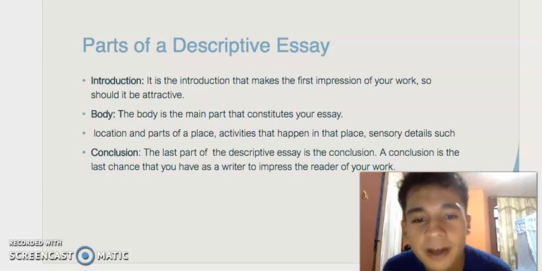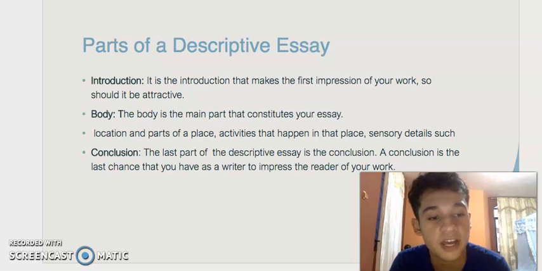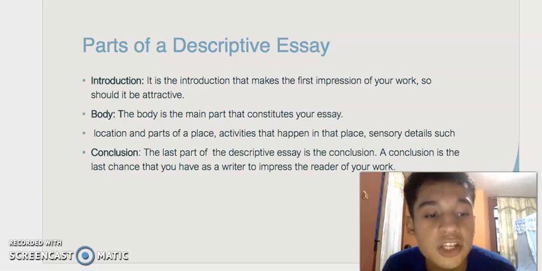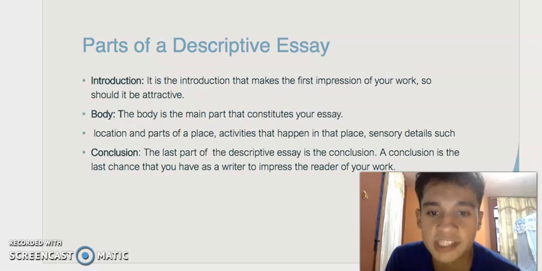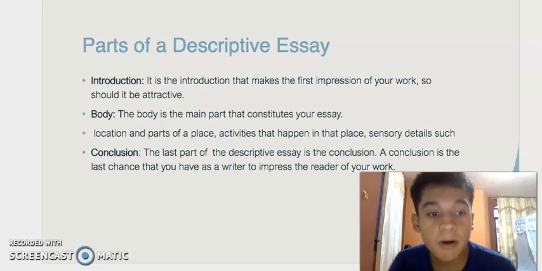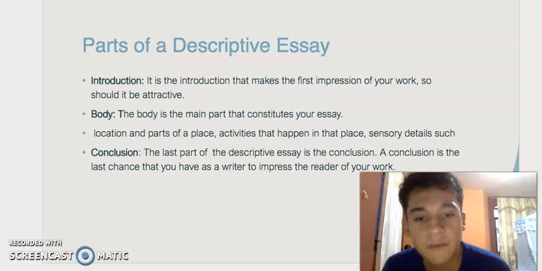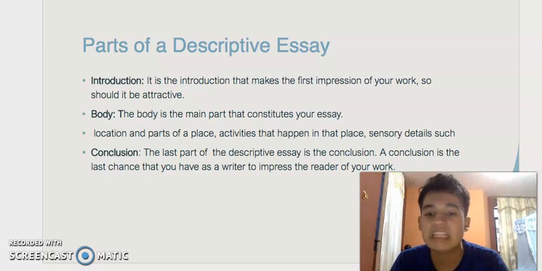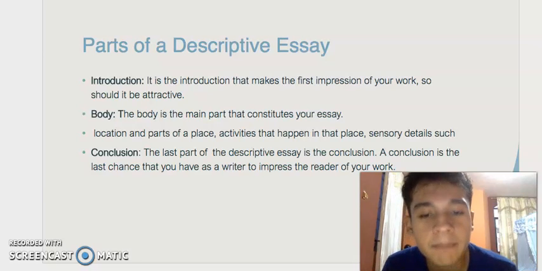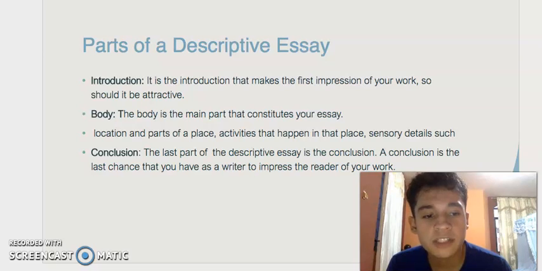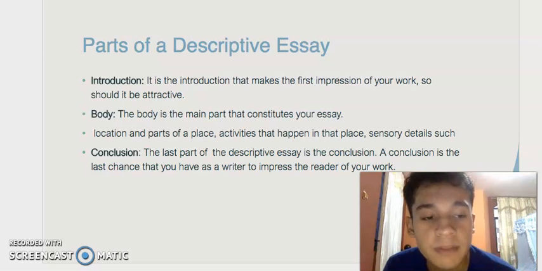Now, the body is the main part that constitutes your essay. It gives information. It supports your essay. Now, there are many parts of the body. For example, there are three parts of the body.